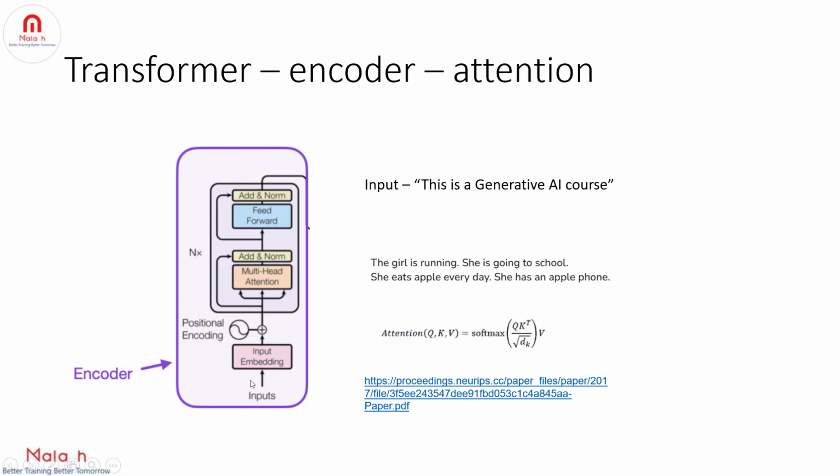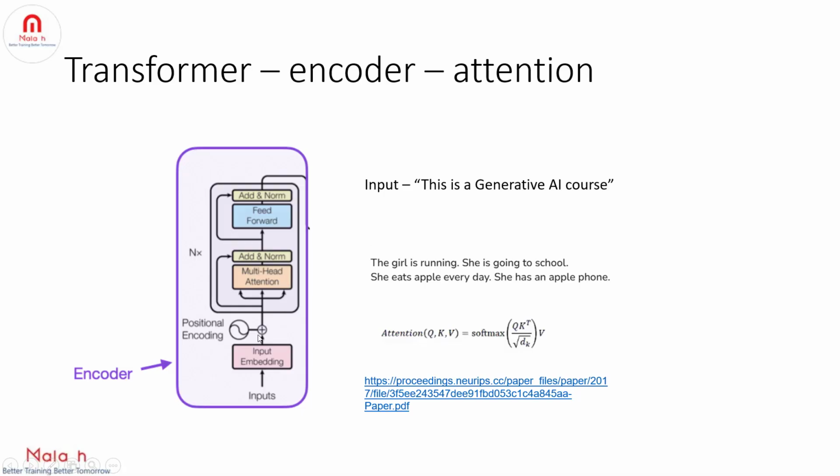So finally we get embeddings along with the positional encoding, right? Now with this positional encoding, the model knows the position of each word and which word comes closer to each other word. So is AI closer to the word course, or is AI closer to this, or is AI distant from the word this, right?